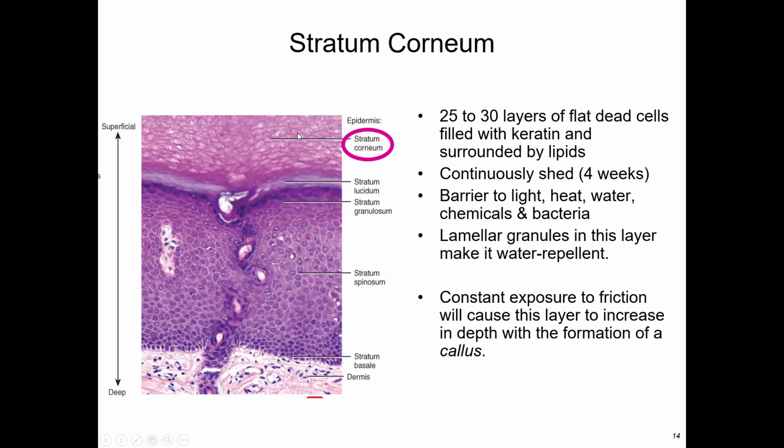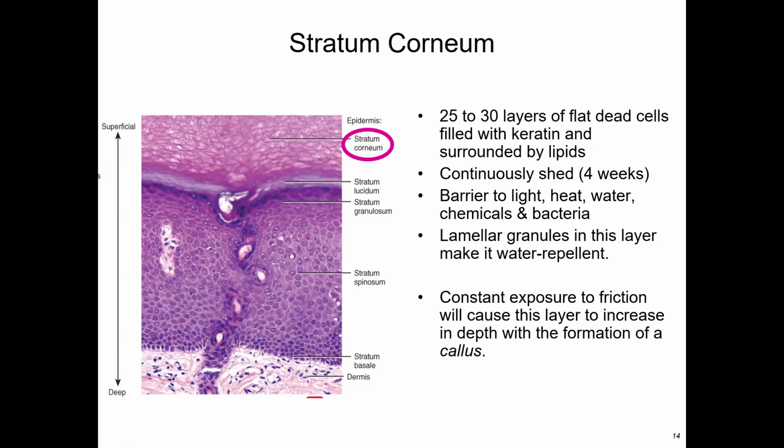But what happens if pressure from the outside prevents the loss of stratum corneum? Well, the stratum basale cells don't notice much of it and they keep dividing. So if the stratum corneum is under physical pressure, such as wearing a tight shoe or toes rubbing against each other, or if you're a guitar player or a violin player, the fingertips that push down on the string have their stratum corneum compressed.